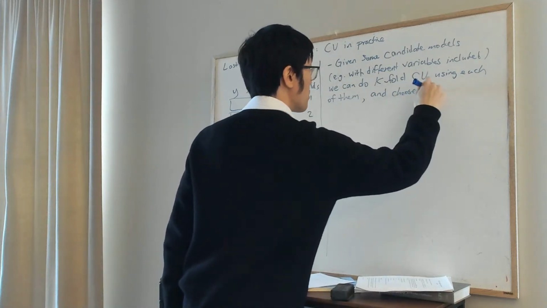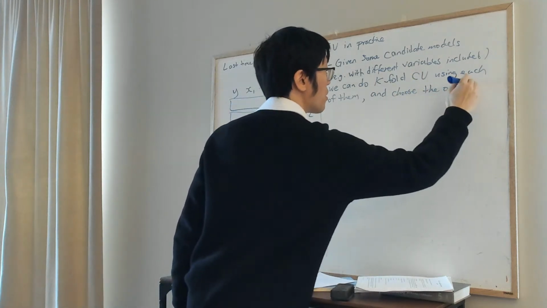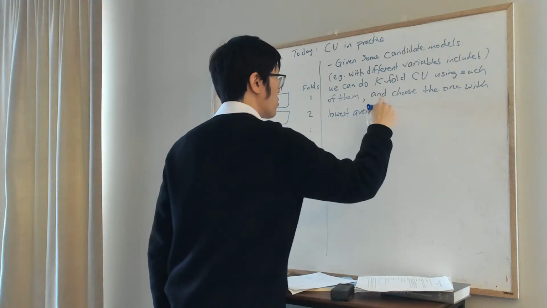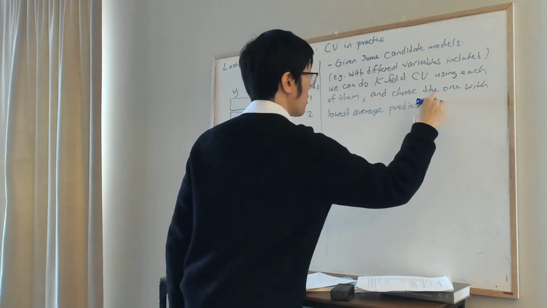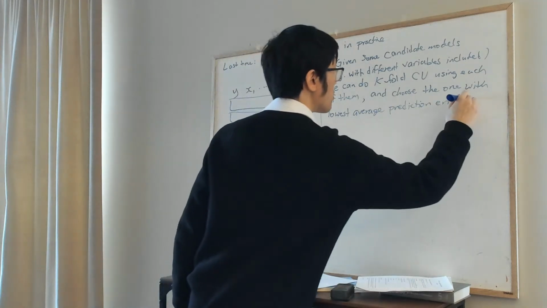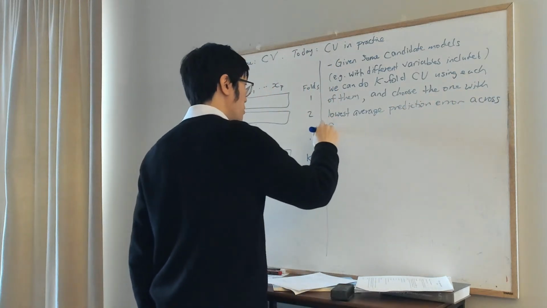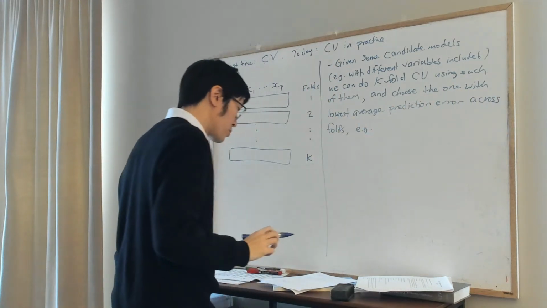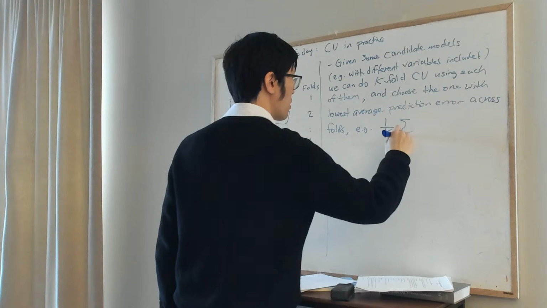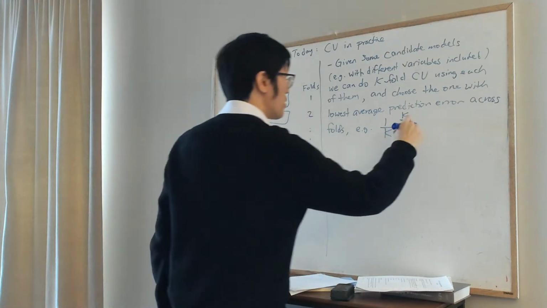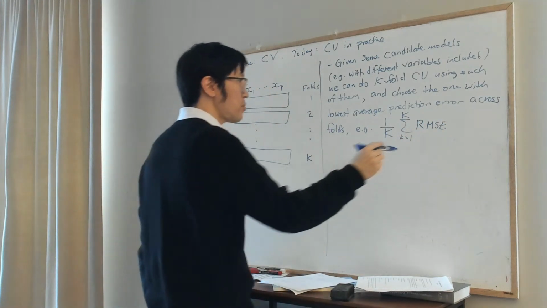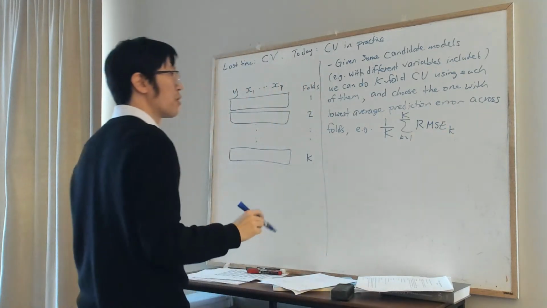So, for example, if we're using root mean squared error, then we could calculate 1 over k, sum over little k from 1 to the number of folds, of the root mean squared error calculated on the validation set k.